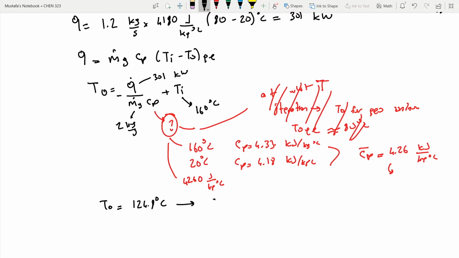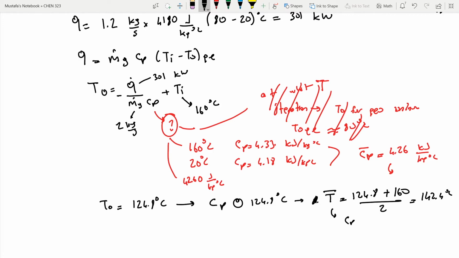Now we look up the properties at the mean temperature, so we calculate T mean, 124.8 plus 160 over 2, which is 142.4. Cp at 142 is 4.28 kilojoule per kilogram per Celsius.